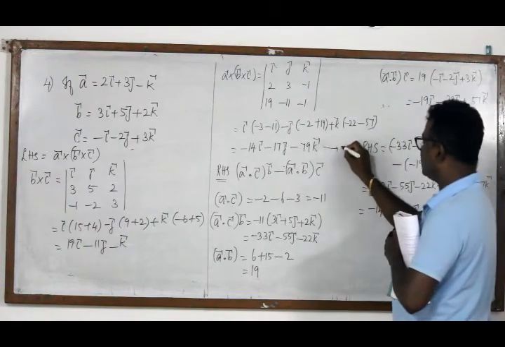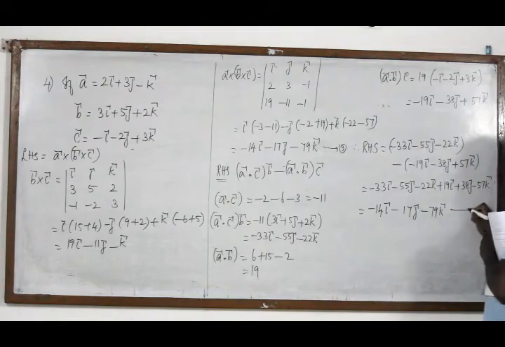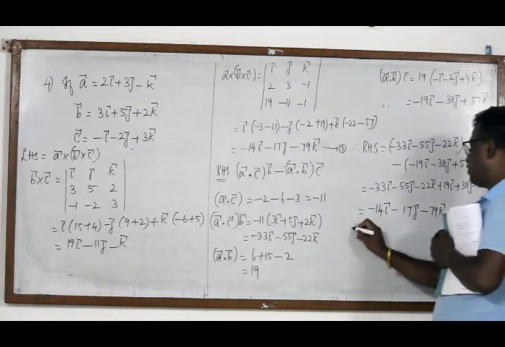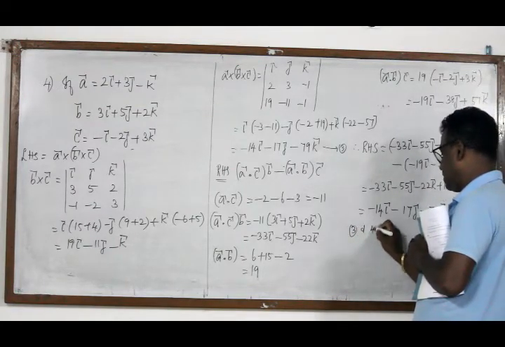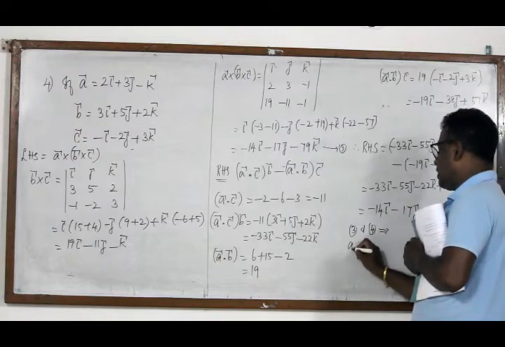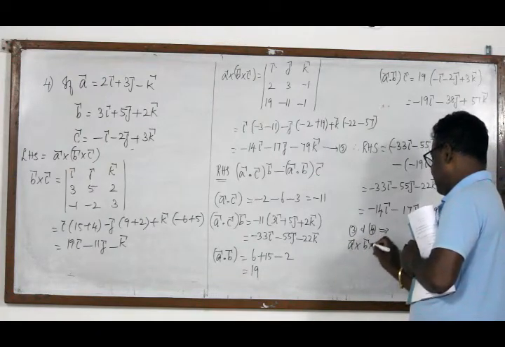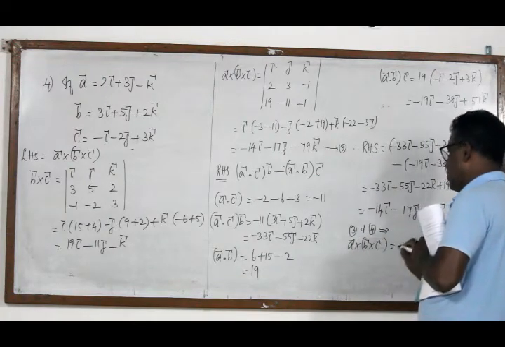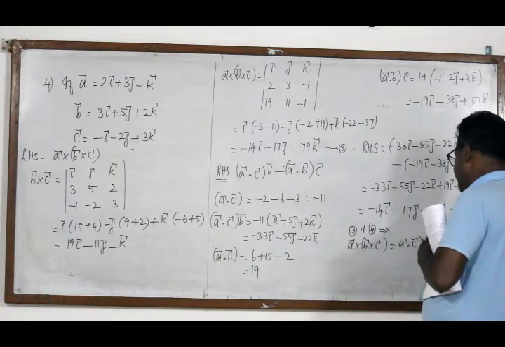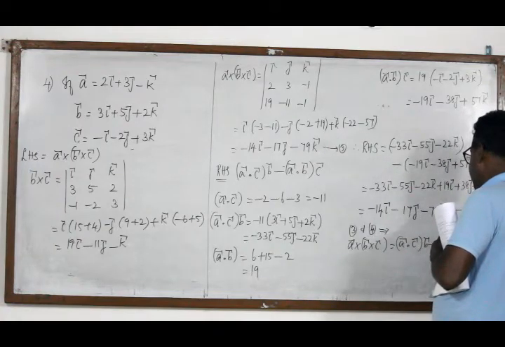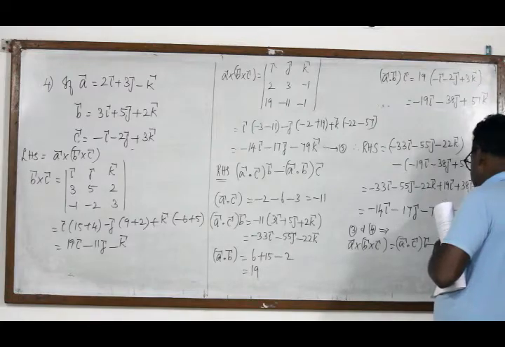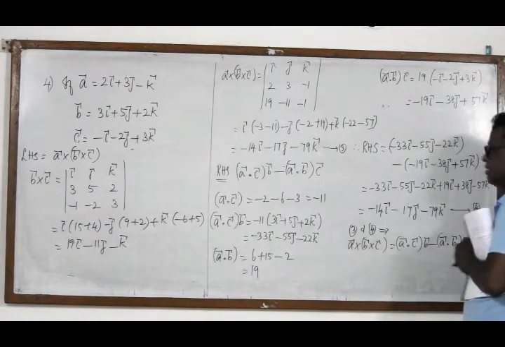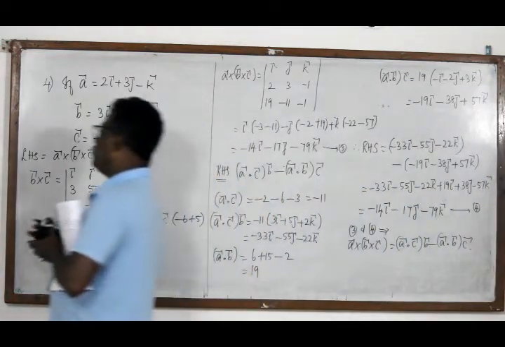Now check this one as 3 and this one as 4. Therefore, 3 and 4 imply A cross B cross C is equal to A dot C into B minus A dot B into C vector. So with that, problem 4 is over.